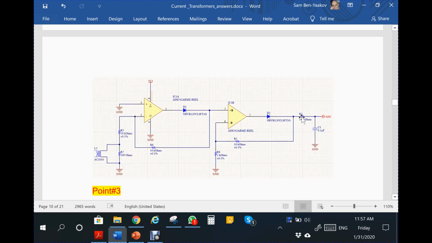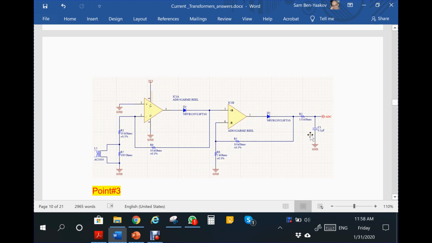This is the filter we're talking about, and this is supposed to be 600 Hertz, but as I'm discussing in part 1, because of the diode, this is now becoming a nonlinear filter.